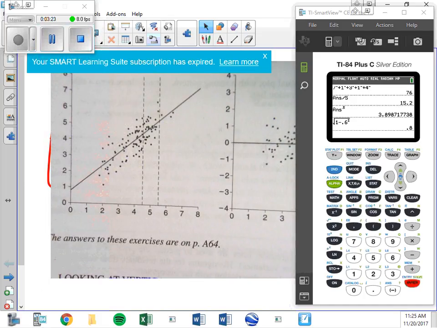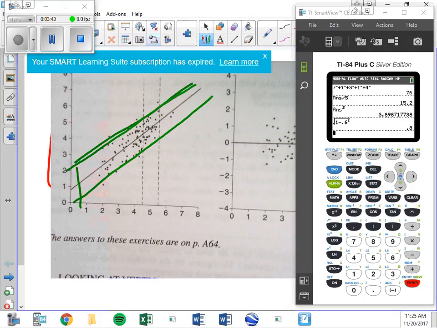So if we go up 1 and down 1, and I draw that parallel line, or what are our other options? So here is the 1. 0.6, if I go up 0.6 and down 0.6, oh, I'm not very good at drawing.